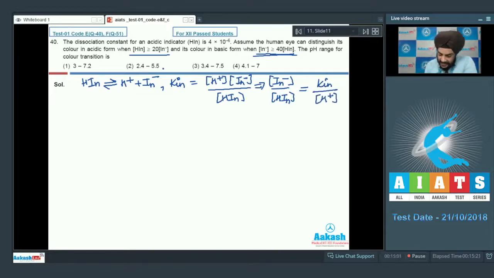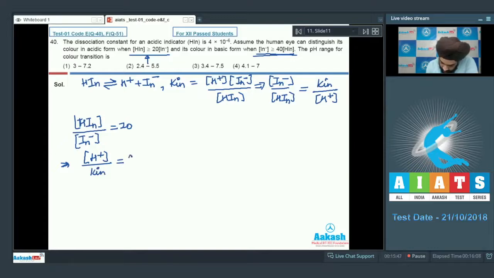So if we look at the condition in the acidic medium, the ratio required to us is opposite of this. We can solve for the equality, which will represent the limiting case scenario. So in the first condition, we have the concentration of HIN upon concentration of IN minus equal to 20. So we can substitute the value from this expression. So we'll have concentration of H plus upon Kn is equal to 20. So we can take log both sides.